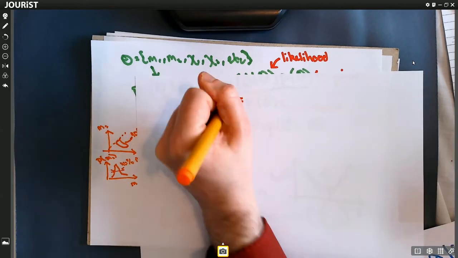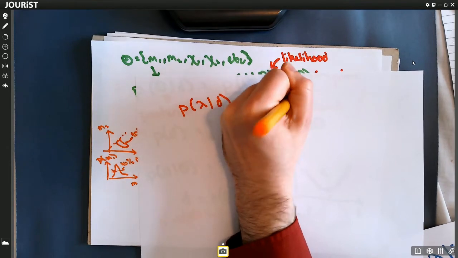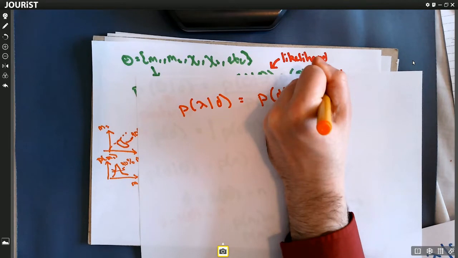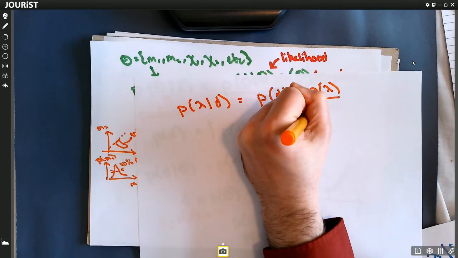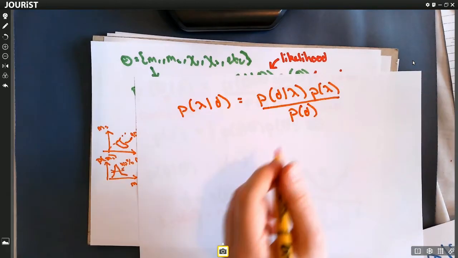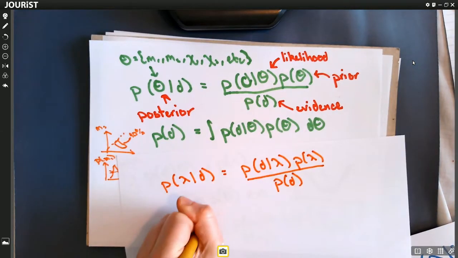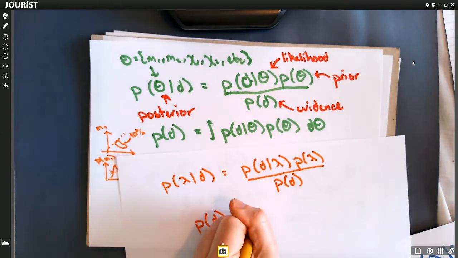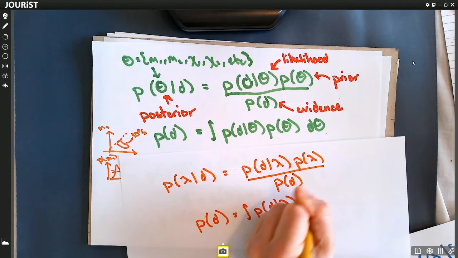Using Bayes' theorem, we know that would be our likelihood, probability of the data given the hyperparameters, times a suitable prior, divided by some normalization constant, which in this case, by analogy to what we had before, would be the integral of P of D given lambda, P of lambda over lambda.